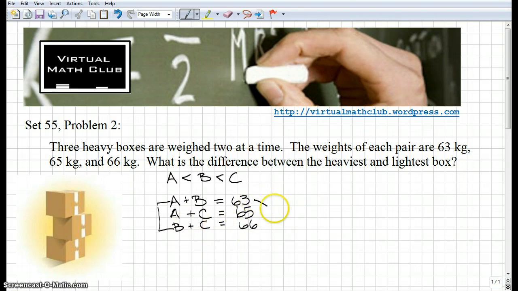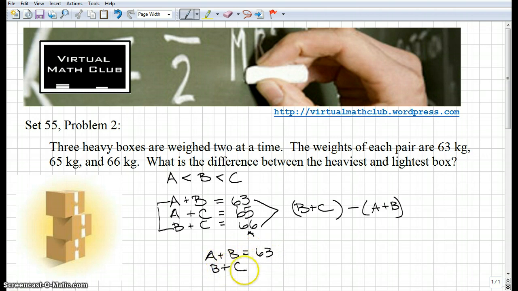So let's take these 2 equations and subtract them. Because this one has a bigger number and I like positive numbers, I'm going to take the equation B plus C, and I'm going to subtract A plus B. Now I could write them like this: A plus B equals 63, and B plus C is equal to 66.